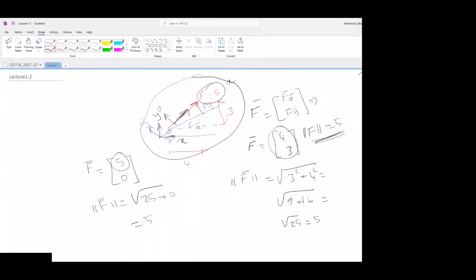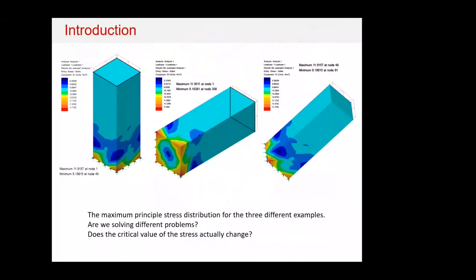Now, if you look into the example which I've shown you, and you do calculate the principal stresses, by the way, in LUSAS, the principal stresses are called sigma 1, sigma 2, sigma 3, or S1, S2, and S3. The principal stresses are arranged so that sigma 1 is the largest, sigma 2 is the second largest, sigma 3 is the smallest.